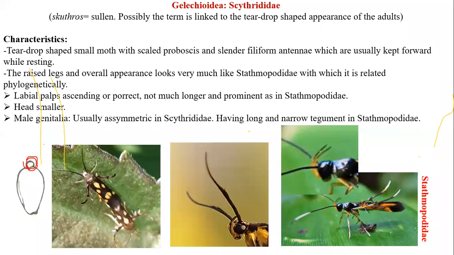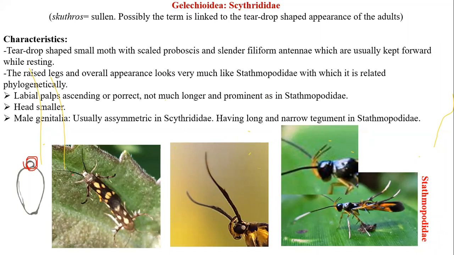As they belong to superfamily Gelechioidea, they also have curved labial palps, and the species of this family also keep one of their legs elevated while resting, as we have already said while discussing Stathmopodidae, that this resting posture, keeping legs elevated, is not confined to Stathmopodidae only.